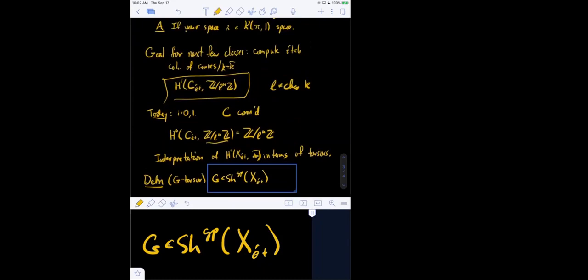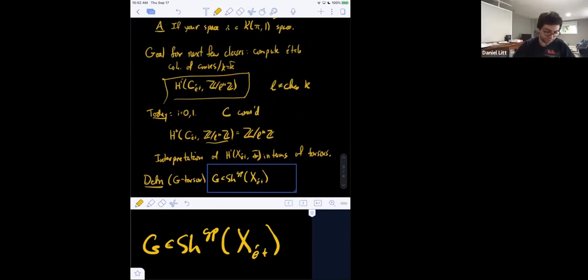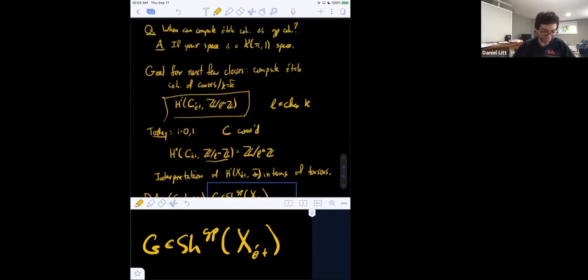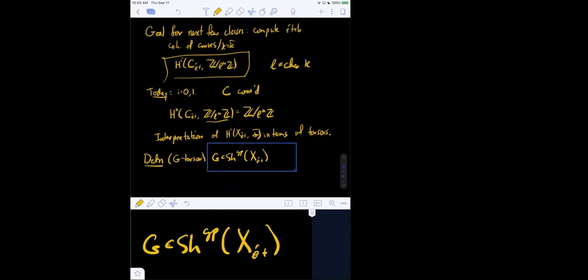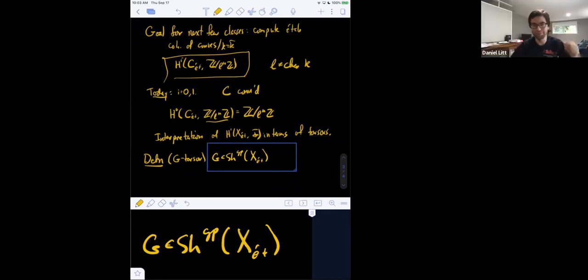What we're actually going to compute is the cohomology of smooth connected curves, so smooth separated schemes of finite type and of dimension 1 over an algebraically closed field.